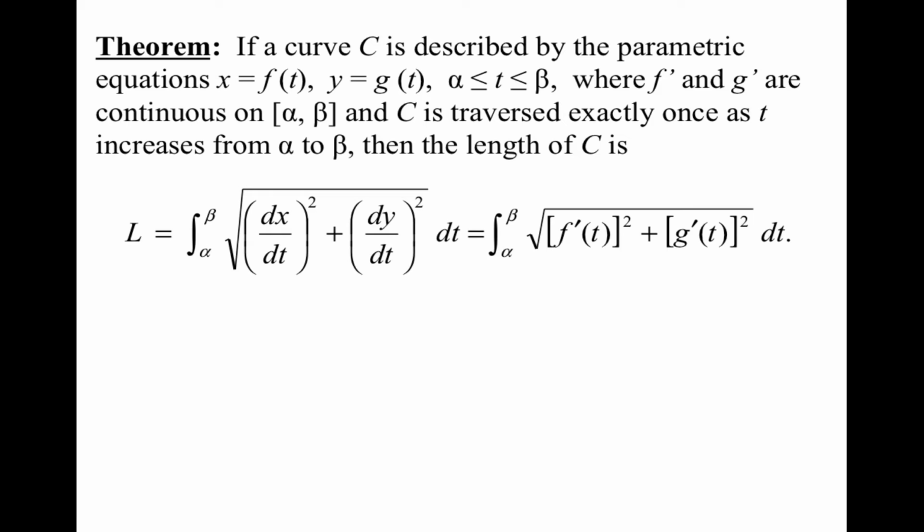So that just means that it crosses once. Then the length of C is given by the following integral. And if you wanted to rewrite it as the square root of the derivative of the x function squared, plus the derivative of the y function squared, dt.